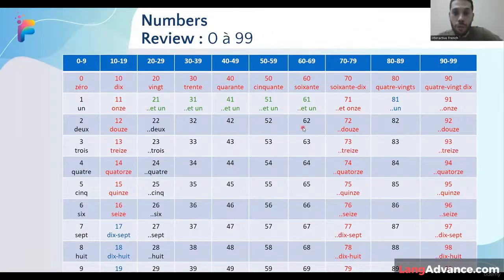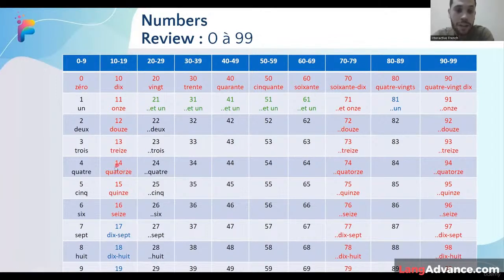Okay, now on to 40 to 49. 40, 41, 42, 43, 44, 45, 46, 47, 48, 49. Right? So that's for 40, right? Make sure that you don't mix up 40 and 14.